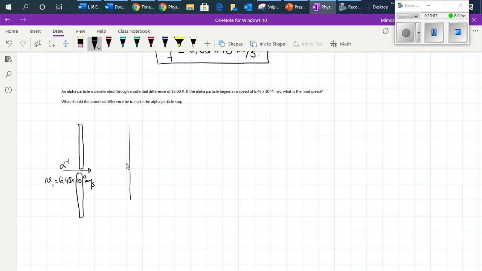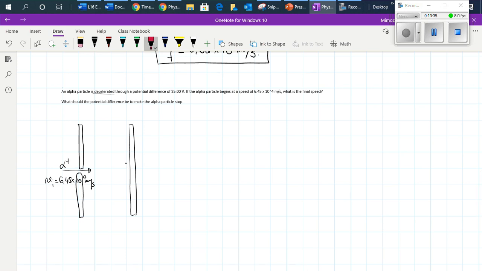And as the alpha particle is entering between the plates, the question is telling us that it's decelerating, meaning that the speed is less, meaning that the alpha particle is not naturally going toward the other plate, but the other plate is opposing the motion.